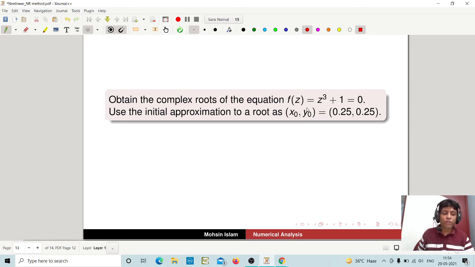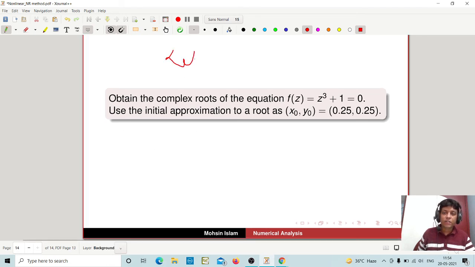Obtain the complex roots of the equation z cube plus 1 equal to 0 using the initial approximation of the roots 0.25 and 0.25. Okay, so let z equal to x plus iy. I'm just giving you a hint; I will generate the equations.